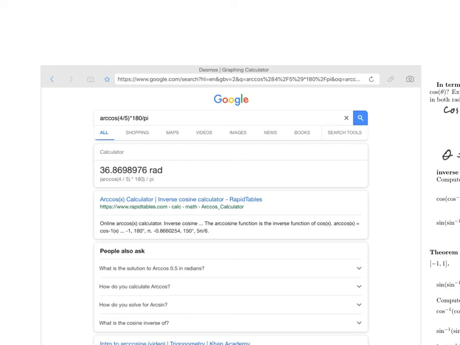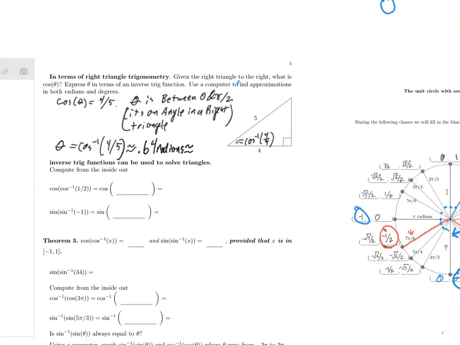So that means that the degree measure of this angle is approximately 36.87 degrees. Of course, if you're using a handheld calculator, you can probably switch from degrees to radians by hitting a few buttons instead of remembering the formula.